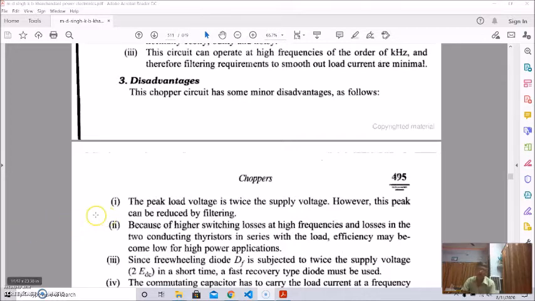So after this discussion, the outcome is that you know how the load commutated chopper operates, what its advantages and disadvantages are, what the design considerations are, and what its circuit is.